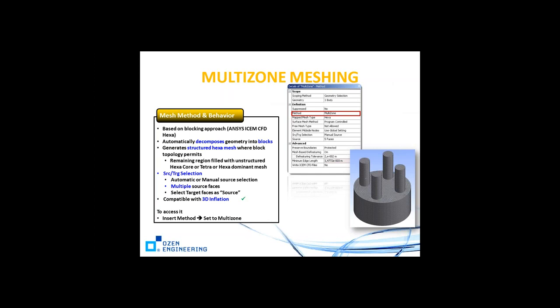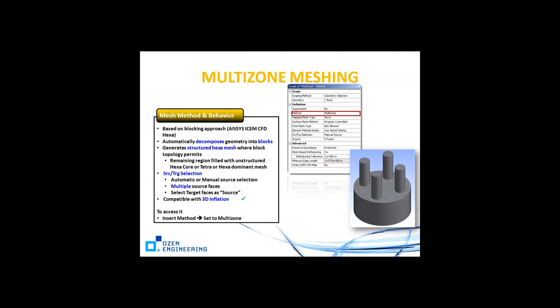Now, multi-zone meshing is a methodology that came from ANSYS CFD. ANSYS CFD has this multi-zone meshing method, and in geometries like this, which are not sweepable, you cannot really sweep them, but the multi-zone mesher takes care of this, and you can get a really nice hex mesh in geometries that look like that.